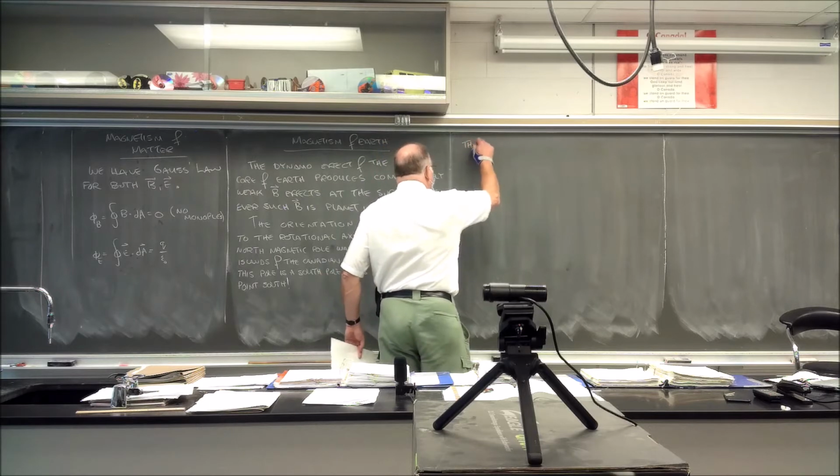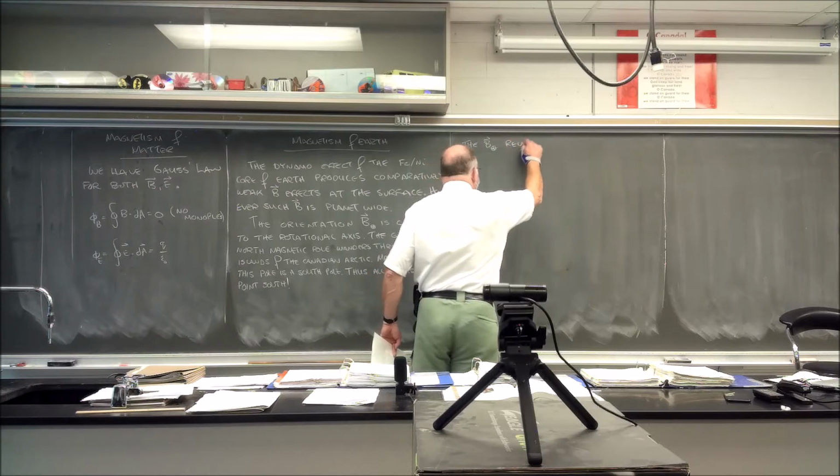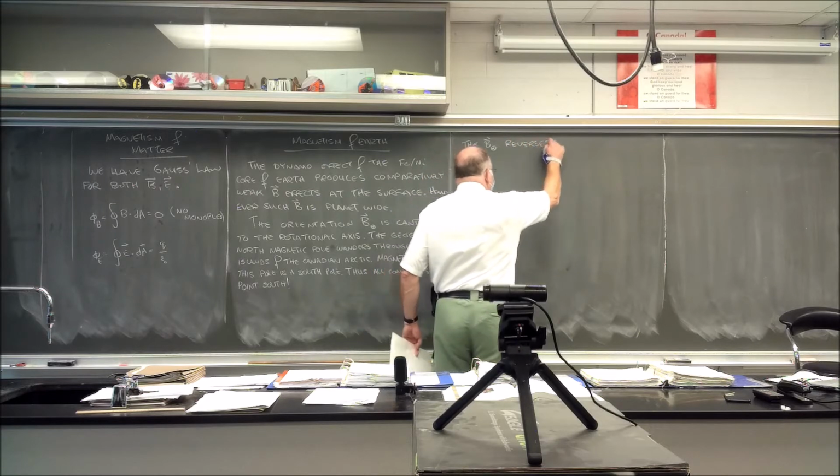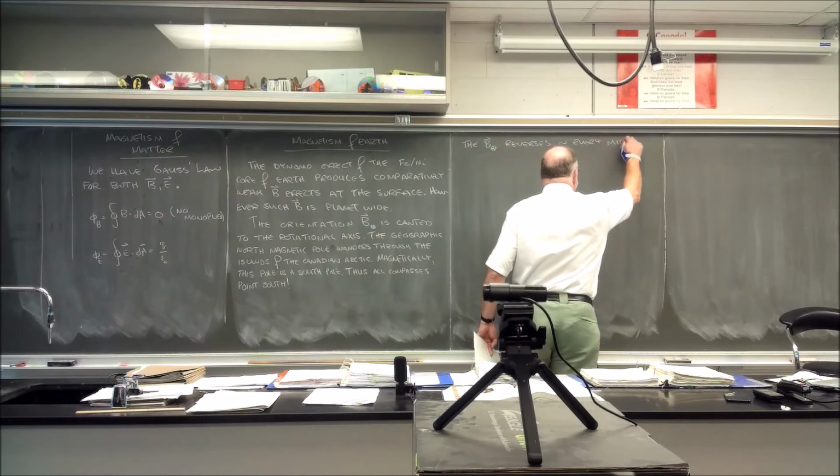So the magnetic field of Earth reverses roughly every million years.